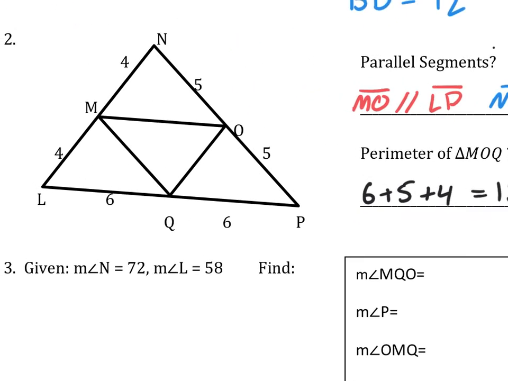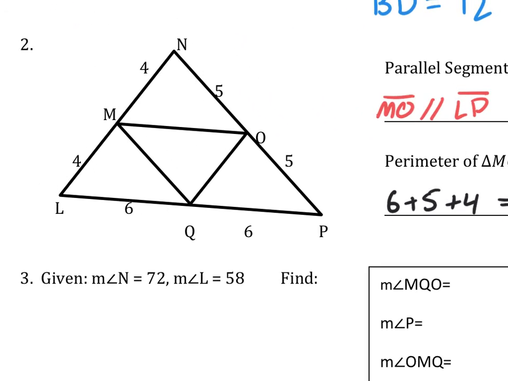Okay, so we're given that the measurement of angle N is 72 degrees. The measurement of angle L is 58 degrees, and we want to find all the rest of them. Instead of putting it in that little box with the measurements, I'm just going to label my figure. What we saw from the previous slide was that all of our bottom left angles in these three outer triangles are congruent.